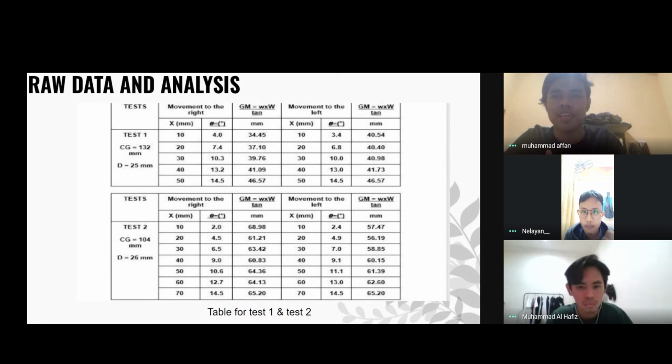As we can see, these two tables show test 1 and test 2 with different values of center of gravity: test 1 is 132 millimeter and test 2 is 194 mm. Next slide.